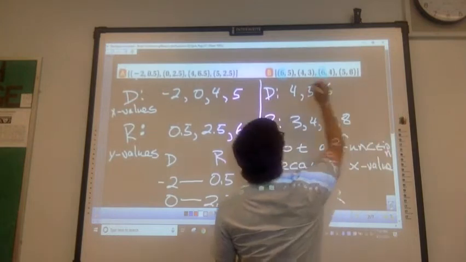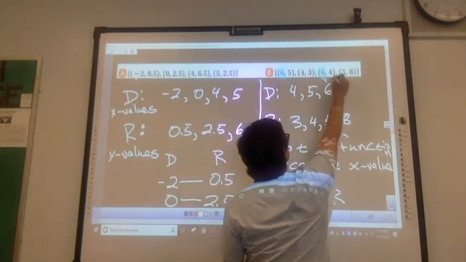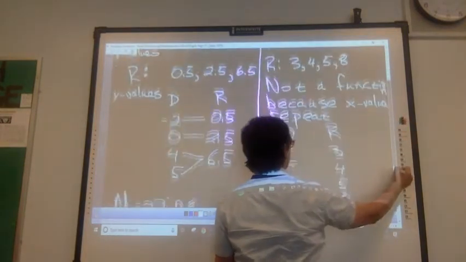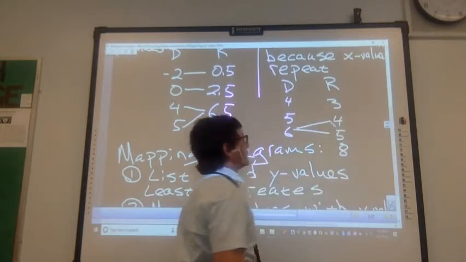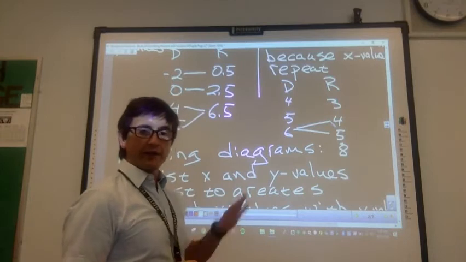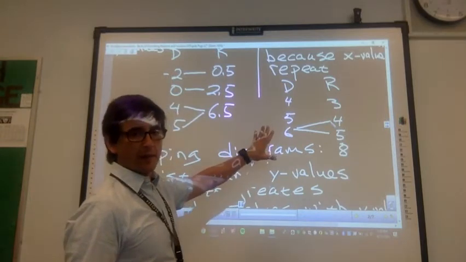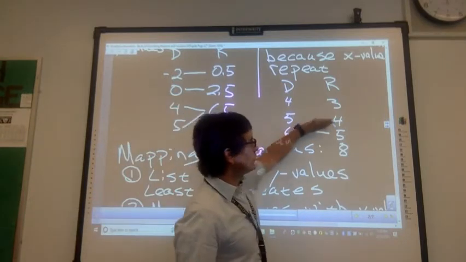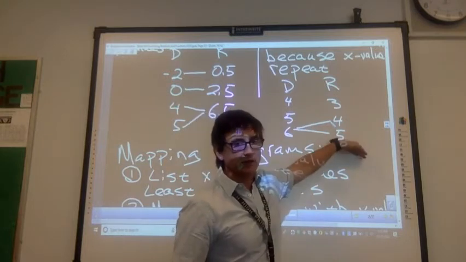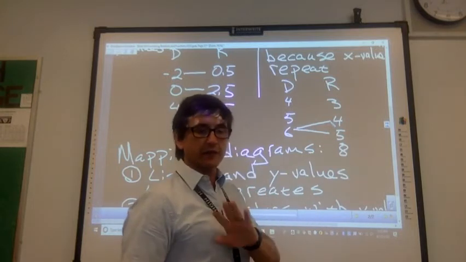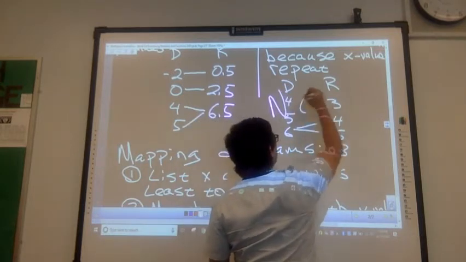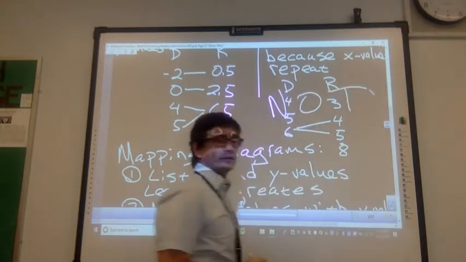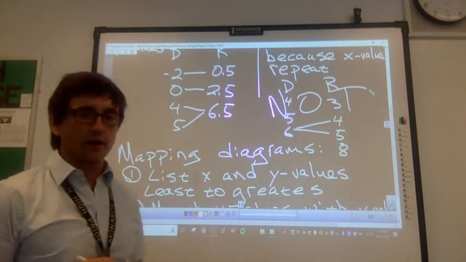So if we go up to the ordered pairs, 6 goes with 5, and 6 also goes with 4. So right away, if you got all the way to making a mapping diagram, if you see 2 lines coming from one x value, it is not a function and you can stop. So I'm just going to write a big giant not for not a function, okay?